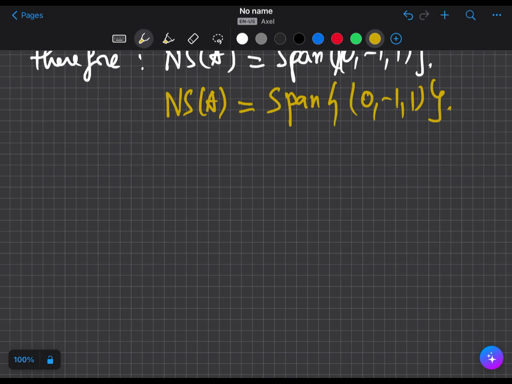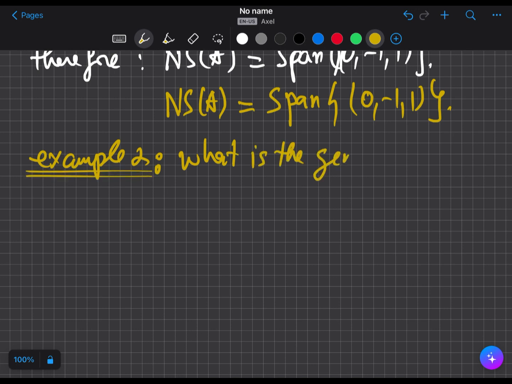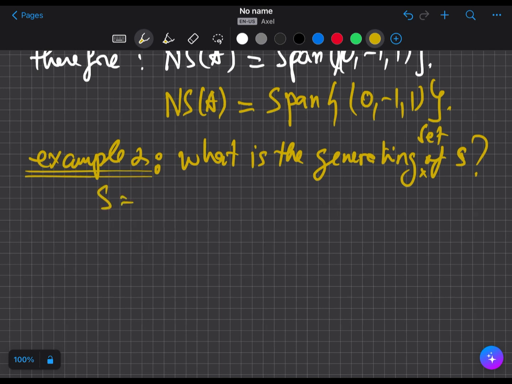Okay, so if we have another example, example 2: what is the generating set of S, with S equals {(1, 2), (3, 6)}? The solution is simple and very straightforward.